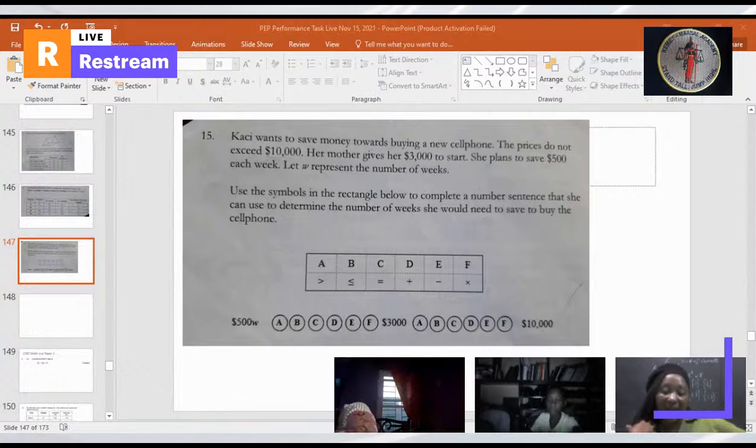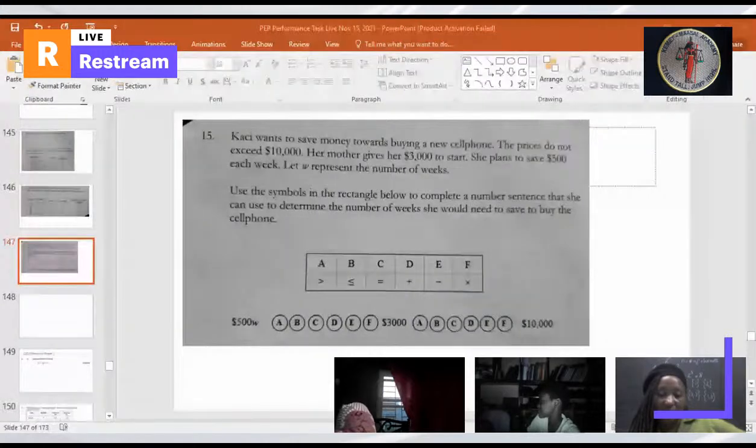Some suggestion would be $500 times W plus the $3,000 would be equal to the $10,000. Or we could even put less than or equal to the $10,000, since it cannot go beyond the $10,000, right? The price doesn't go past $10,000.